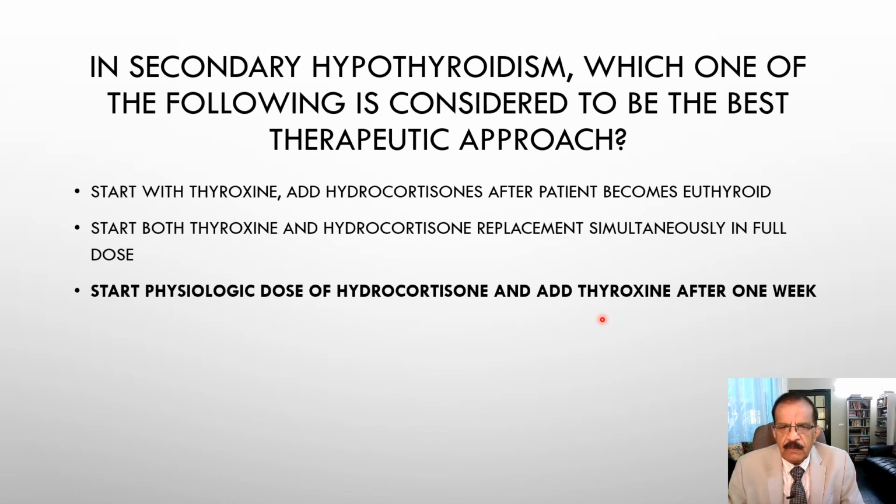After a week, without measuring hydrocortisone, you add thyroxine, and then you escalate thyroxine as we normally do till you get the euthyroid state. Right?